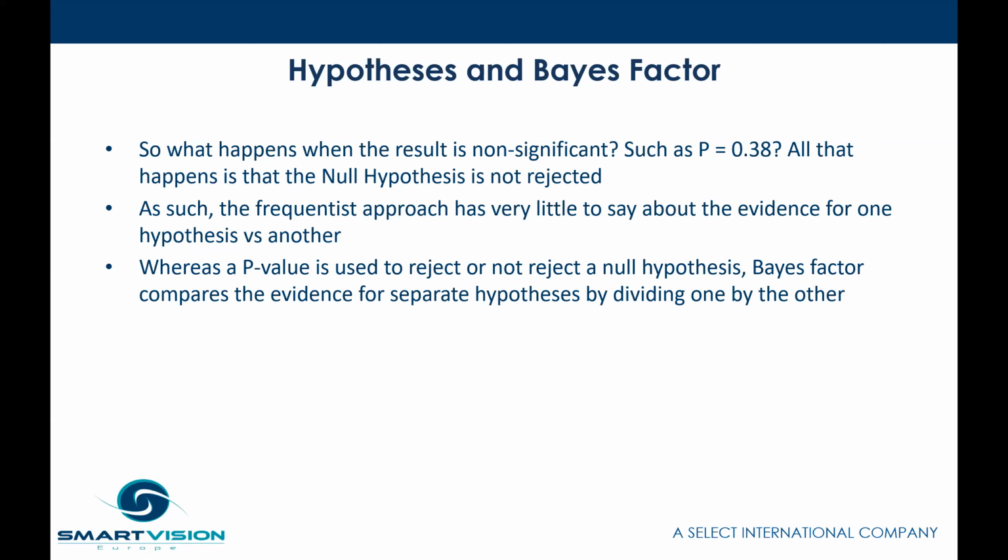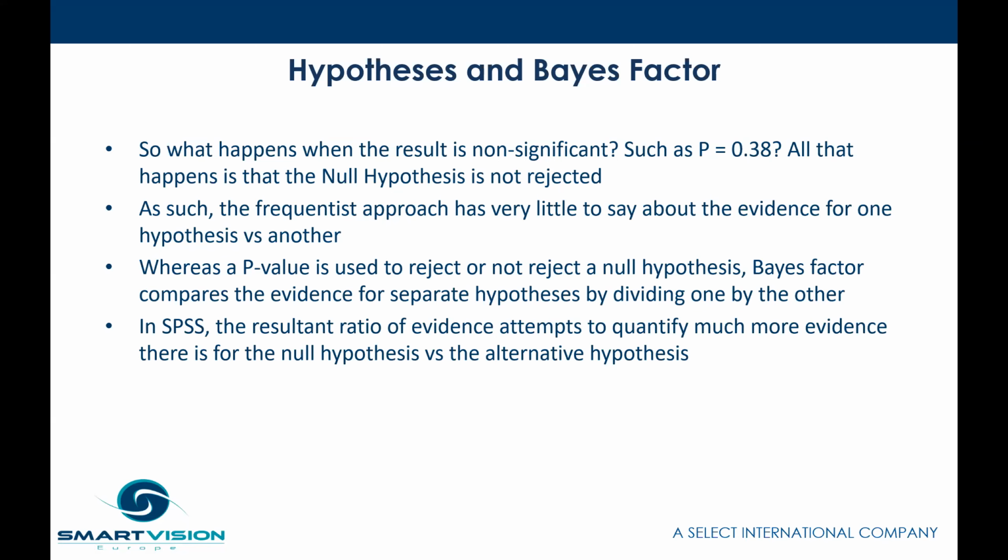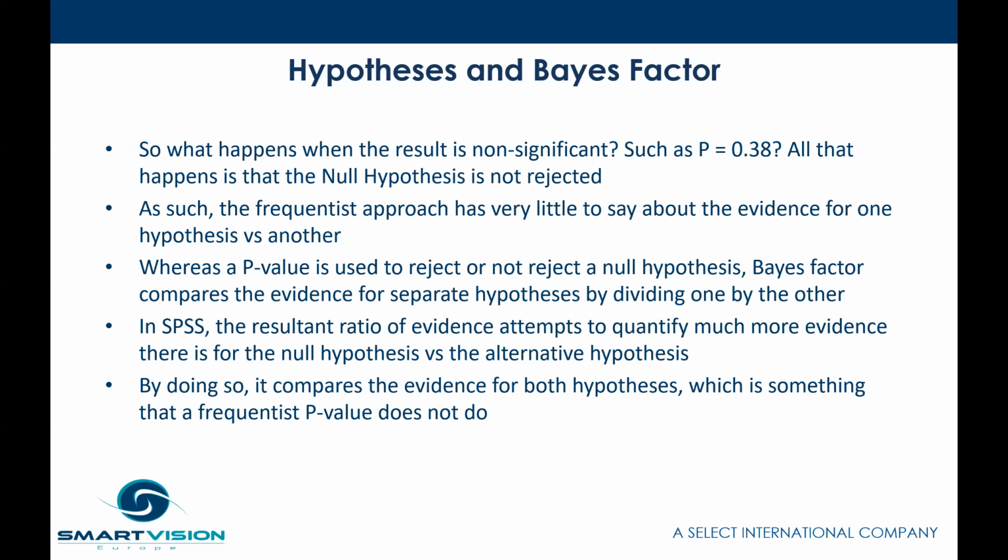Whereas a p-value is used to reject or not reject a null hypothesis, the Bayes factor compares the evidence for separate hypotheses by dividing one by the other. In SPSS, the resultant ratio of evidence attempts to quantify how much more evidence there is for one hypothesis versus the alternative hypothesis, the null versus alternative. So suddenly we're starting to talk about the alternative hypothesis, which we never do in the frequentist world.